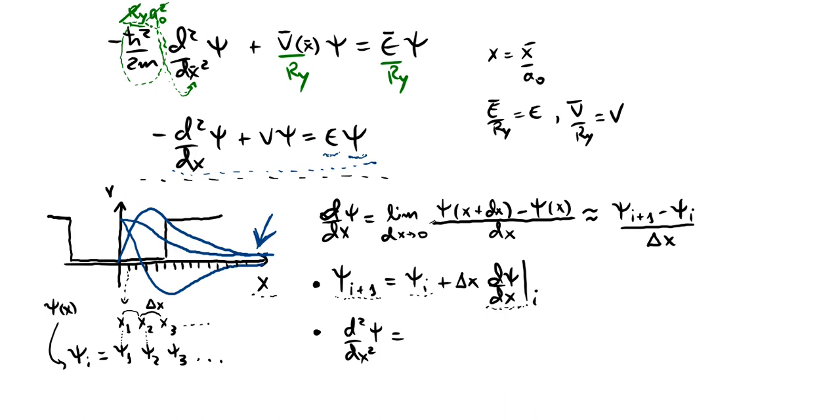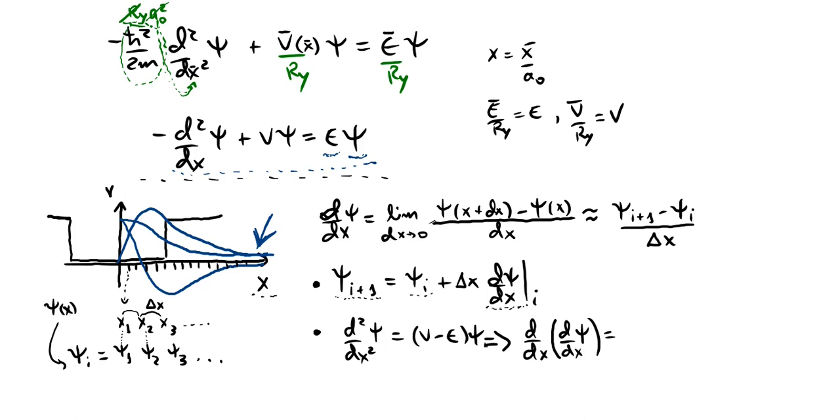This is equal to V minus E, times psi, right? But then in this discrete space, let's write one more step before we do it. This is the derivative of the derivative, right?